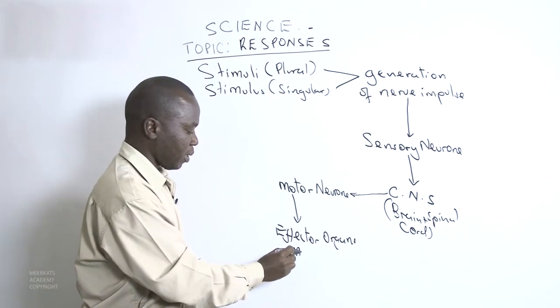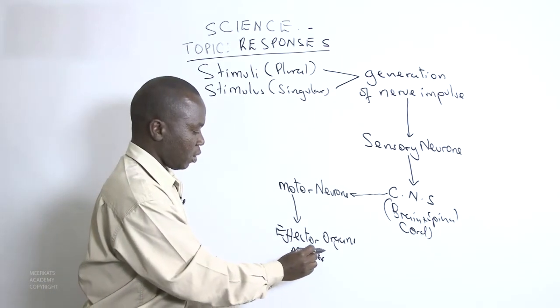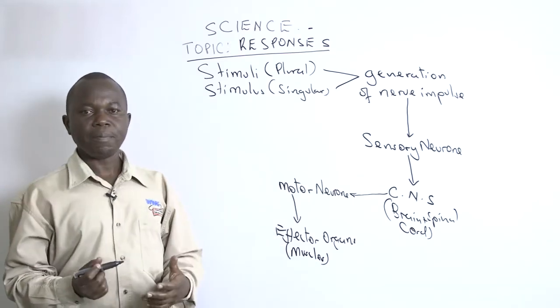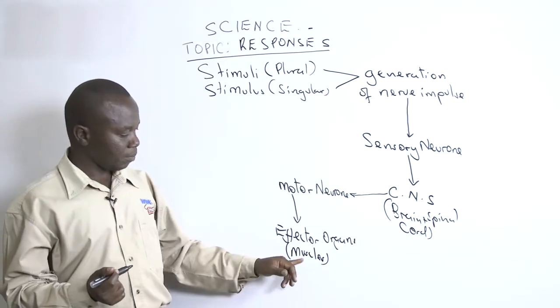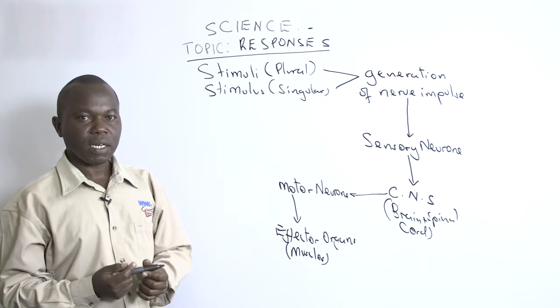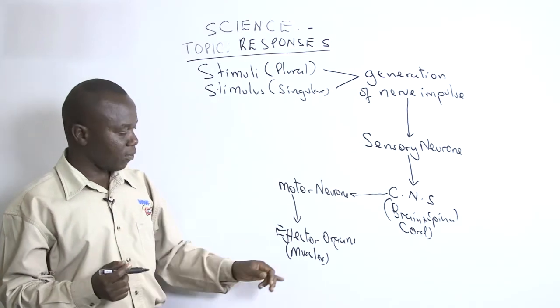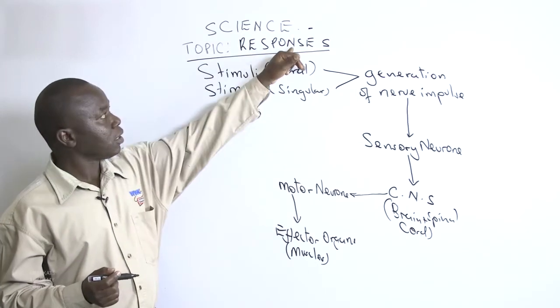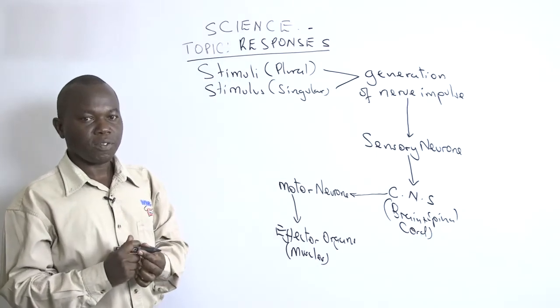The effector organ here could be muscles. The muscles of your arm will contract and lift that arm from the hot object. That is an example of a response.